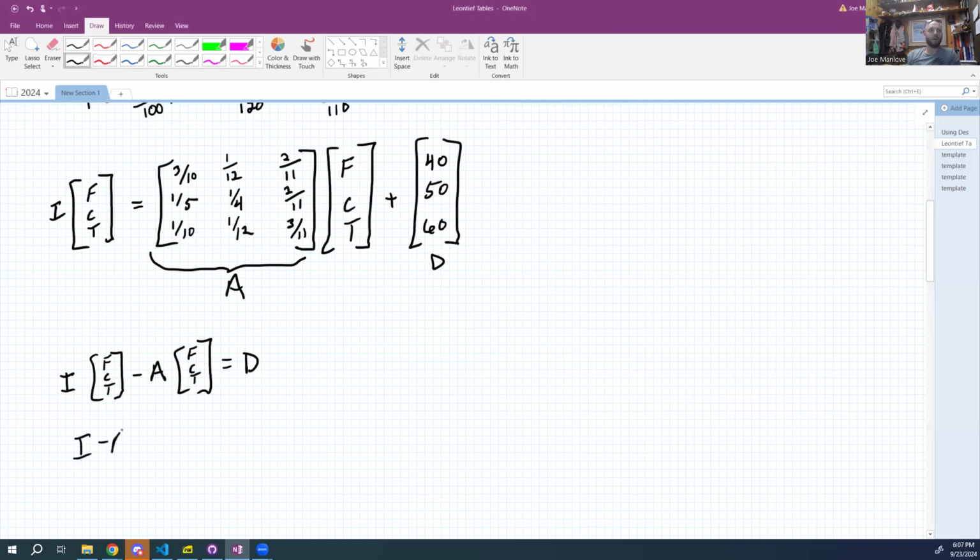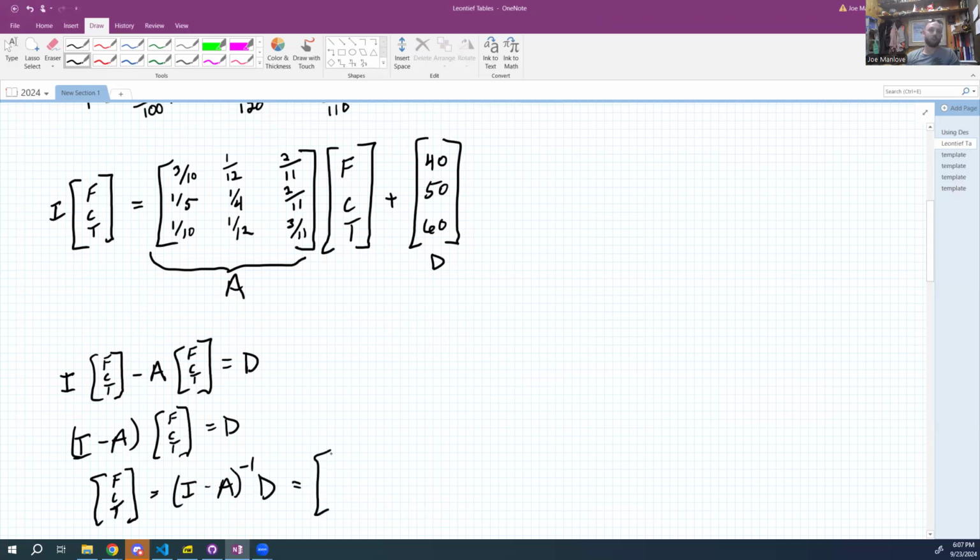So I had I minus A, all times my vector FCT, is D. And then I inverted this to the other side. So I got the vector FCT is (I minus A) inverse times D. And I got indeed the totals that they told me I should get.